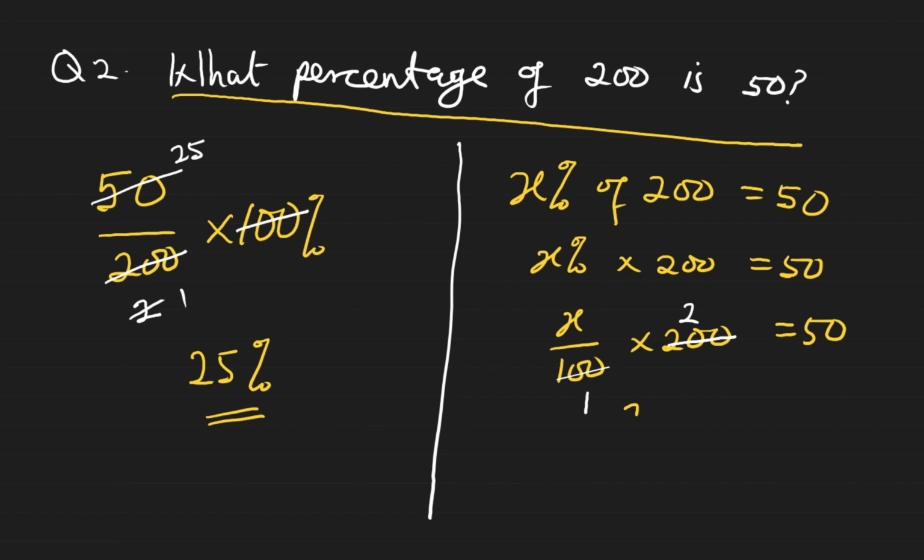So we are left with 2 times X is 2X equals 50. And since we are looking for X, divide both sides by 2.